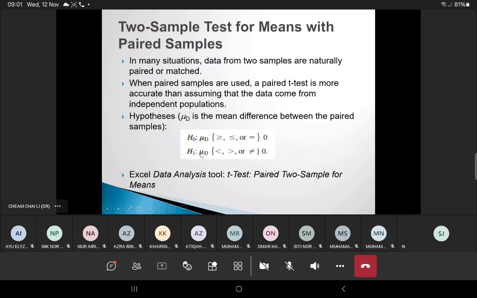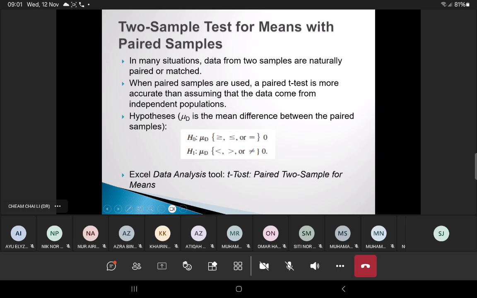However, for the alternative hypothesis, you must write mu D, the mean difference. This is to differentiate between independent two samples and two paired samples. For the alternative hypothesis, you can write mu D either less than, greater than, or not equal to 0. So choose one.